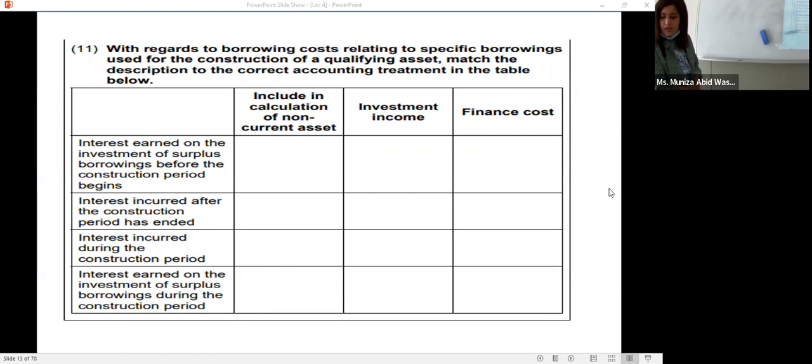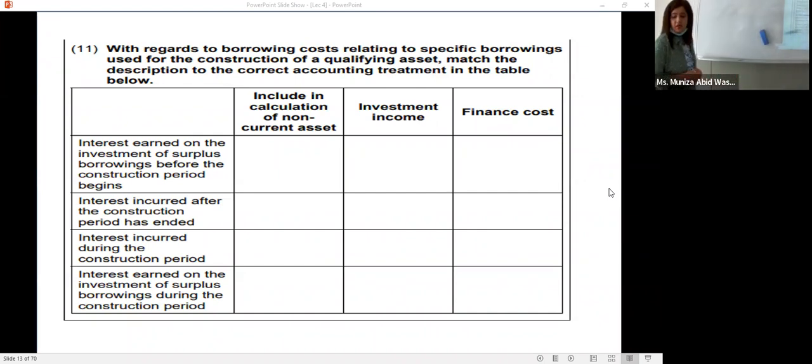Is it included in the calculation of the non-current asset? After the construction period? No. Pre-construction and post-construction will not be capitalized. Investment income? No. Finance cost? Yes, it is an interest cost. In SOPL, it will be recorded. Interest incurred during the construction period. Yes, it will be included in the calculation of the non-current asset.